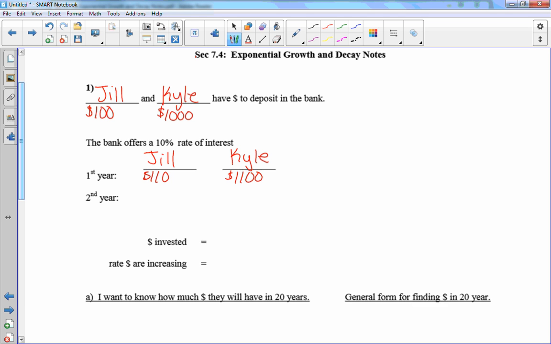Okay, so that's one way to do it. Can you do a more concise mathematical formula for that? How do you find 10% of 100? Yeah, 0.1.